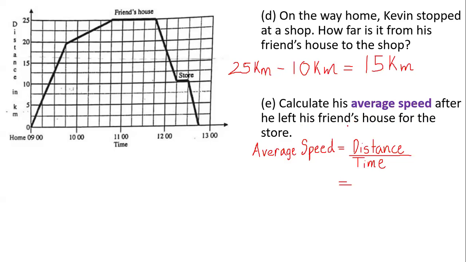So his friend's house is here, and we're trying to get to the store. That's going to be 25 take away 10, which is 15. We just calculated that.